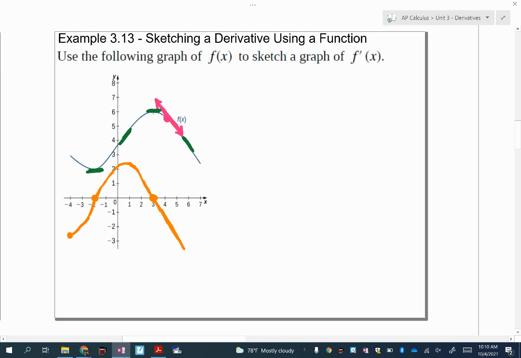And you'll remember, maybe you don't, one of my key things that I do is I look for the horizontal tangent lines on the original function. Because remember, when you're graphing the derivative, you're graphing the slope of those tangent lines to the original curve. And if they're horizontal tangent lines to the original curve at a certain point, then those are going to be the zeros of the derivative, right? So that's why I had a 0 here and a 0 here.